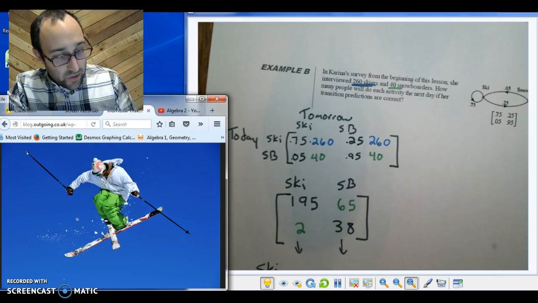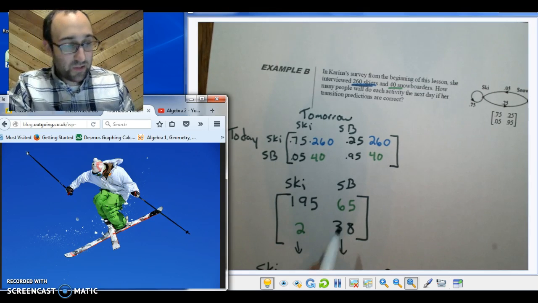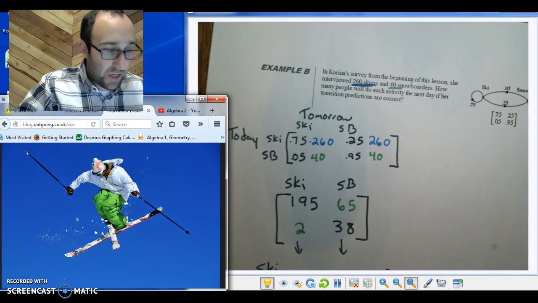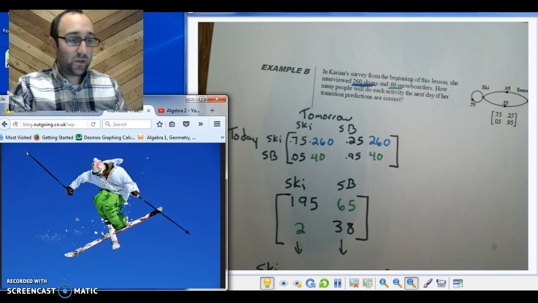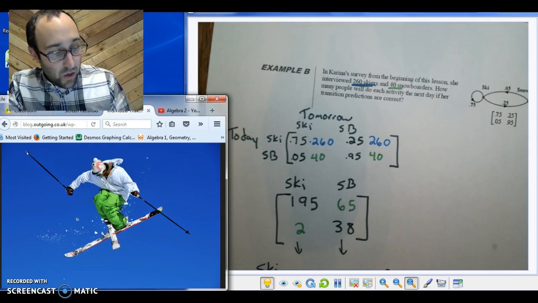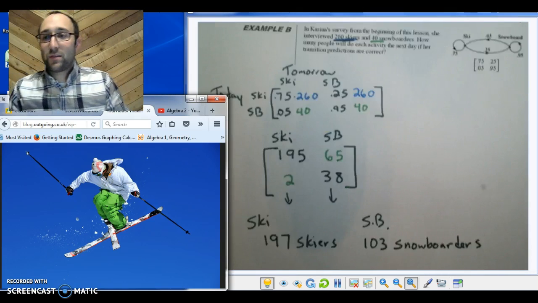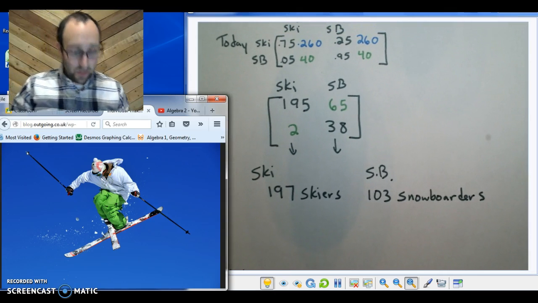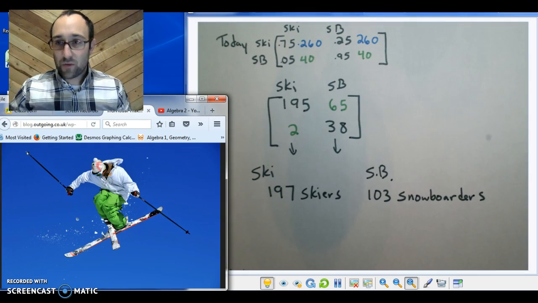All right, and what about snowboarders? 65 plus 38. That's 95 plus another 8, so we should get 103 snowboarders. Oh, and you can't even see any of that stuff that I wrote. I am sorry. There we go. 197 skiers, 103 snowboarders.